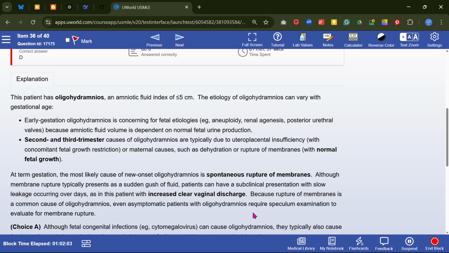Second and third trimester causes of oligohydramnios are typically due to uteroplacental insufficiency with concomitant fetal growth restriction, or maternal causes such as dehydration, or rupture of the membrane with normal fetal growth.